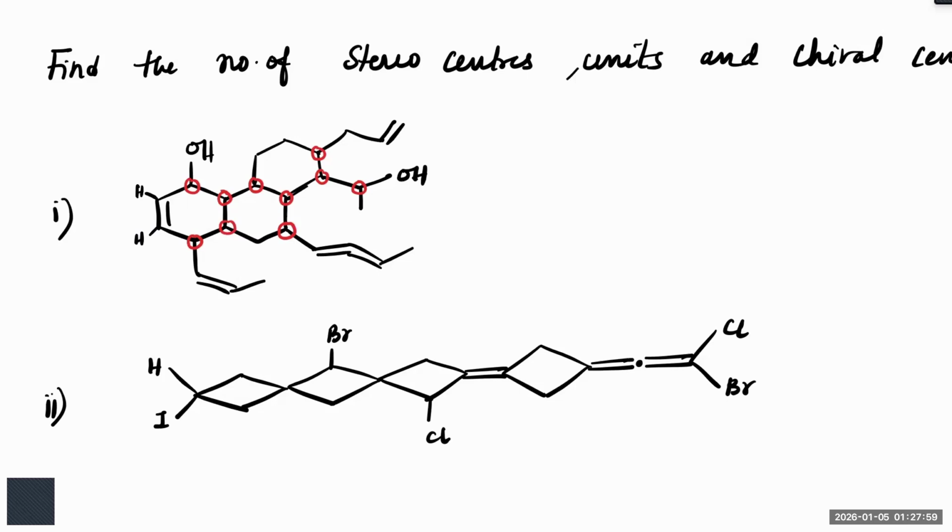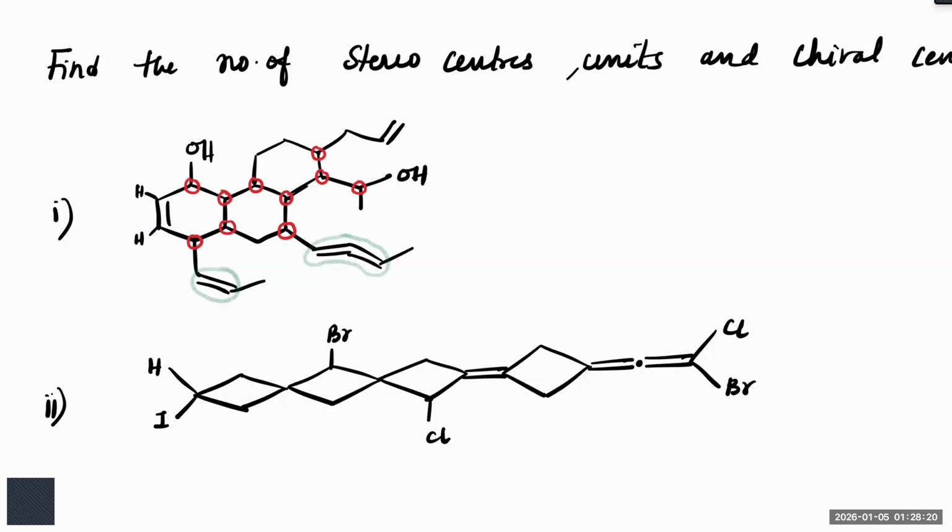Now let's mark the double bonds across which we can get the cis and trans isomers. One, we can get it here, and here we do not get a cis and trans isomer, but we can still get optical isomers. These are the two positions where we can get it.